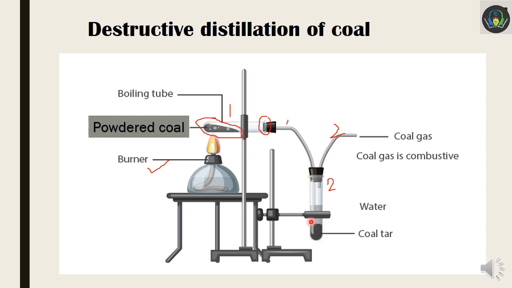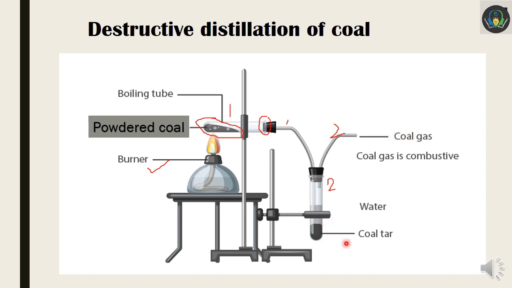Here we will be getting a liquid, a very tarry, thick liquid, which is coal tar. The undissolved gas will be coming out through this particular bent tube and that gas will be referred to as coal gas.